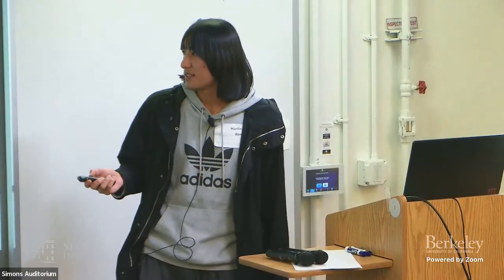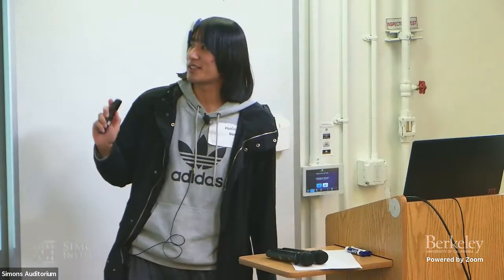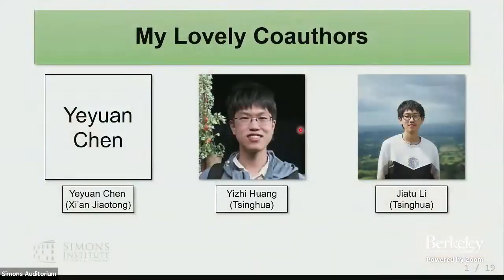And this is a joint work with my lovely cousins. They are Ye Yuan from Xi'an Jiaotong University, Yi Zhi from Tsinghua University, and Jia Tu also from Tsinghua University. They are very talented and hardworking young researchers. I didn't find a photo of Ye Yuan, but please believe me, he's very handsome.